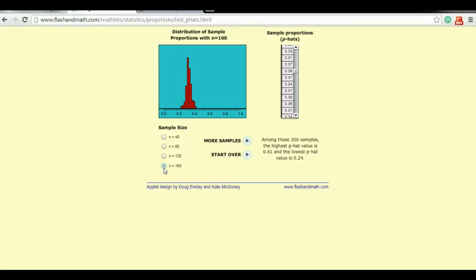If I was to sample, let's say that the proportion of people that like Powerade was 50%, and I was to sample 10 people, I could get anywhere from probably 20 to 90%. Okay. However, if I was to sample 1,000 people, I probably wouldn't get from 200 to 900.